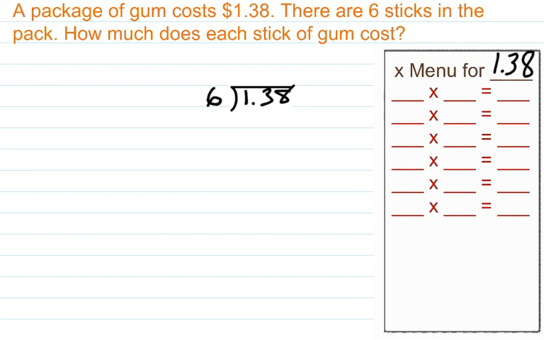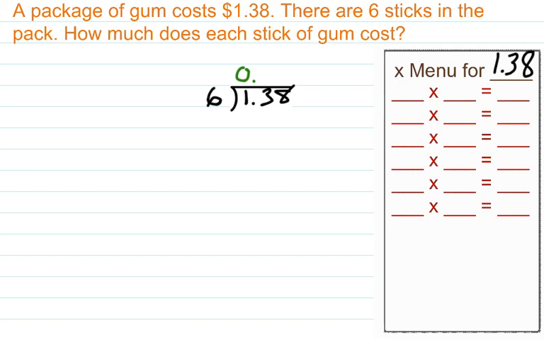Now we can start with our long division. 6 cannot go into 1, so I have a 0 in my ones place, and I bring up the decimal when dividing. Now if I had a decimal here, I would do my moving over rule on both sides, which is just like multiplying by 10. But in this case, I don't, so it's a mixed number divided by a whole number.